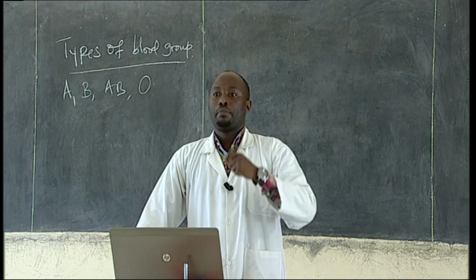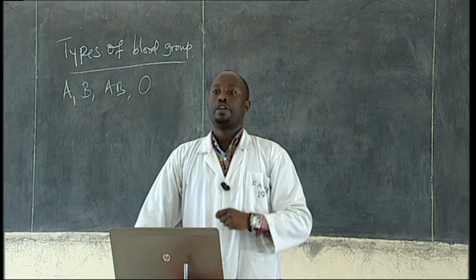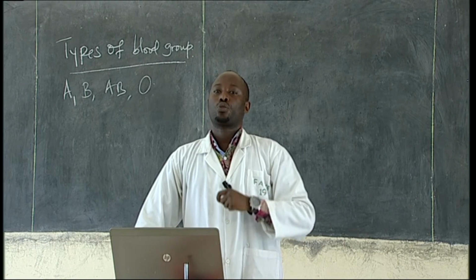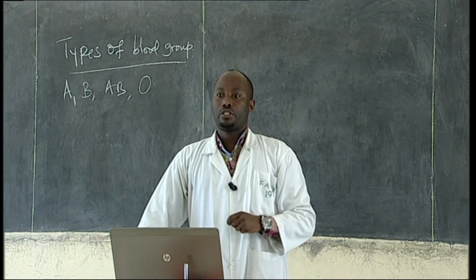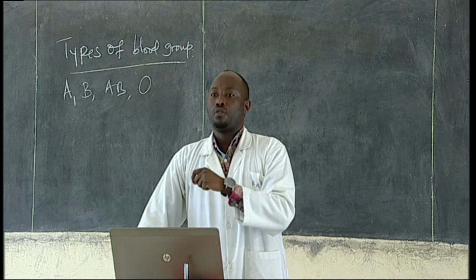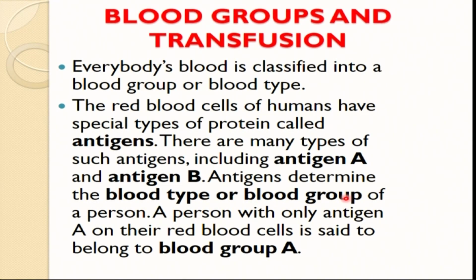The red blood cells of humans have a special type of protein which is called antigens. In the blood we have antigens, and there are many types of such antigens, including anti-A and anti-B. The antigens are the ones that determine the blood group. Antigens are a special type of protein found in the blood.